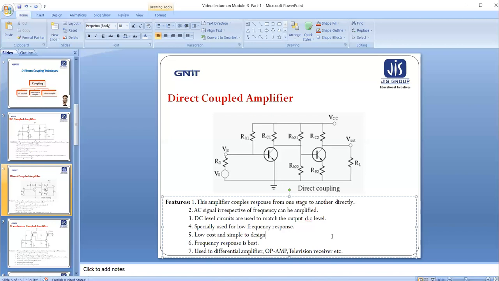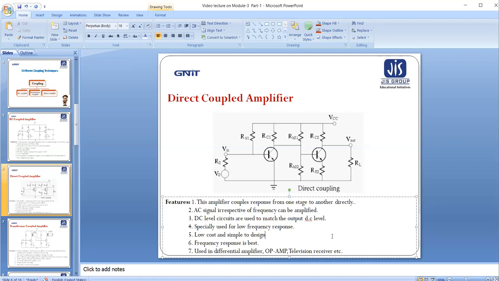The frequency response is good, because as there is no capacitive effect, it can amplify any type of frequency signal. Therefore its bandwidth is very high and its frequency response is very good, because there is no capacitive nonlinear effect due to capacitors.